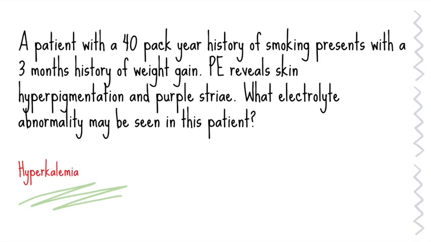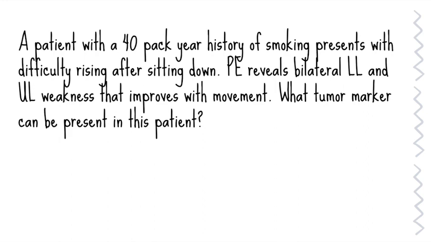A patient with a 40-pack-year history of smoking presents with difficulty rising after sitting down. Physical exam reveals bilateral lower limb and upper limb weakness that improves with movement. What tumor marker can be present in this patient?